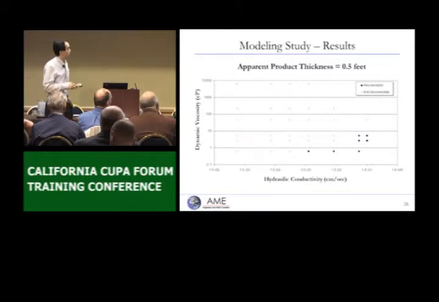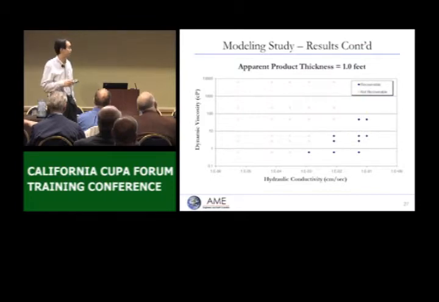Now, recover LNAPL to the maximum extent practicable. We know this because environmental law requires it; in the late 70s, early 80s, they dictated this. It was up to the regulatory agencies like EPA and the state boards to make the decision as to what constitutes maximum extent practicable. The problem is there are few specifics on this rule. It didn't tell you what to do. It says, well, you need to try.